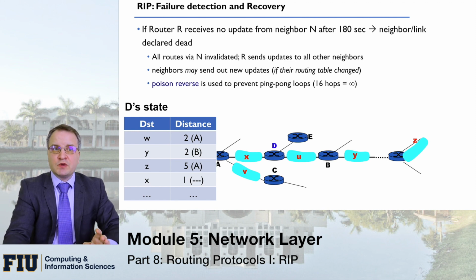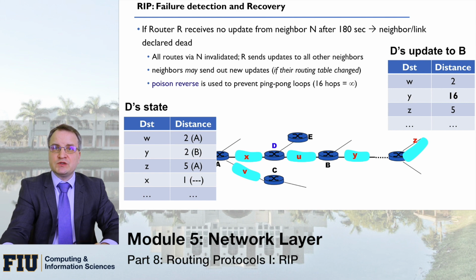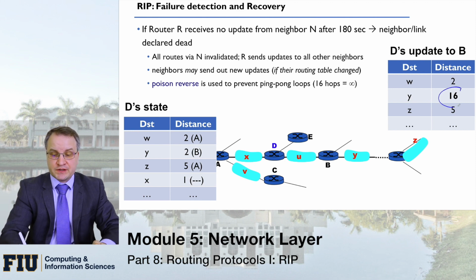In the normal case, it will simply send out updates to B, and for everything except Y, it will send the actual cost that was in D's state. For Y, because Y is reached through B, it will specify 16 because that's poison reverse. You basically tell others that you cannot reach them, simply by saying 16.